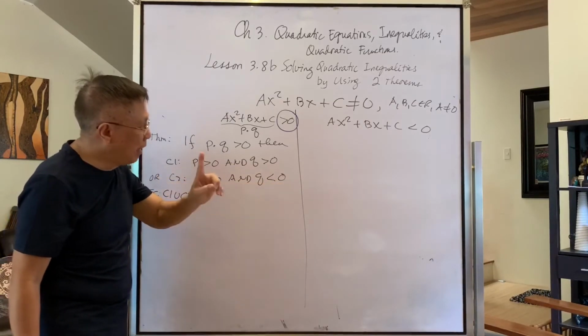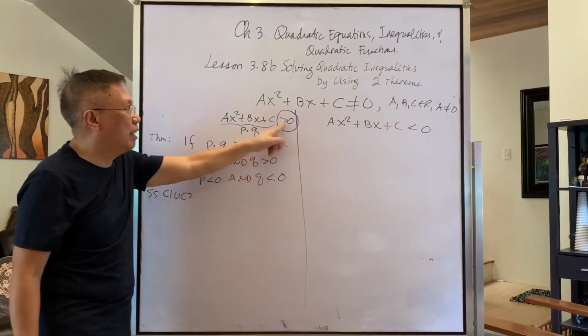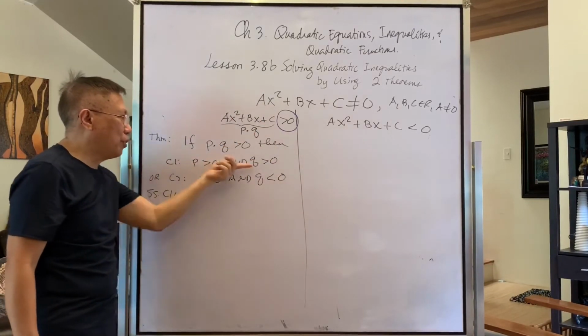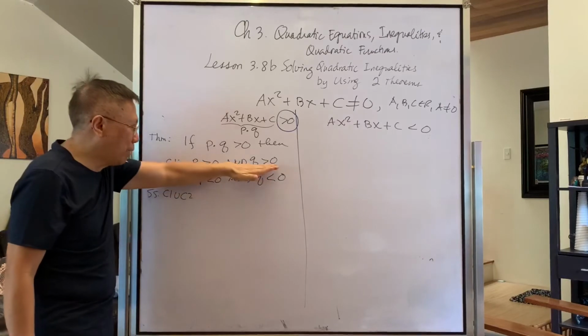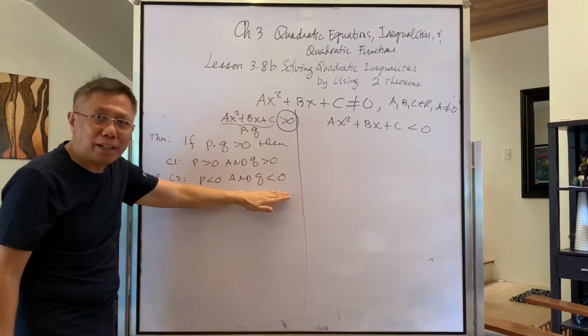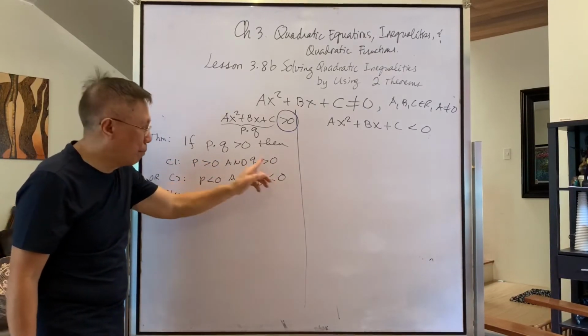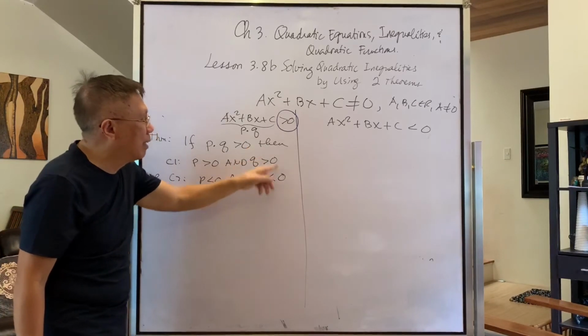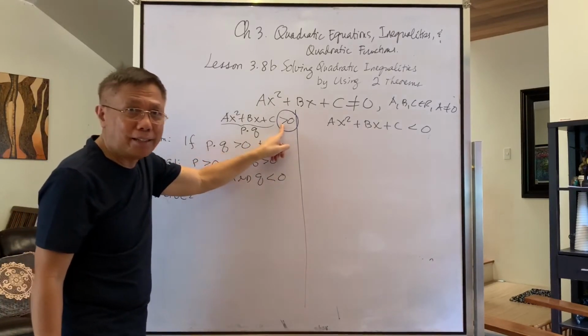Again, solving a greater than inequality, both of the factors should have the same signs. Here both are positive, here both are negative. In both cases, you will get a positive product.